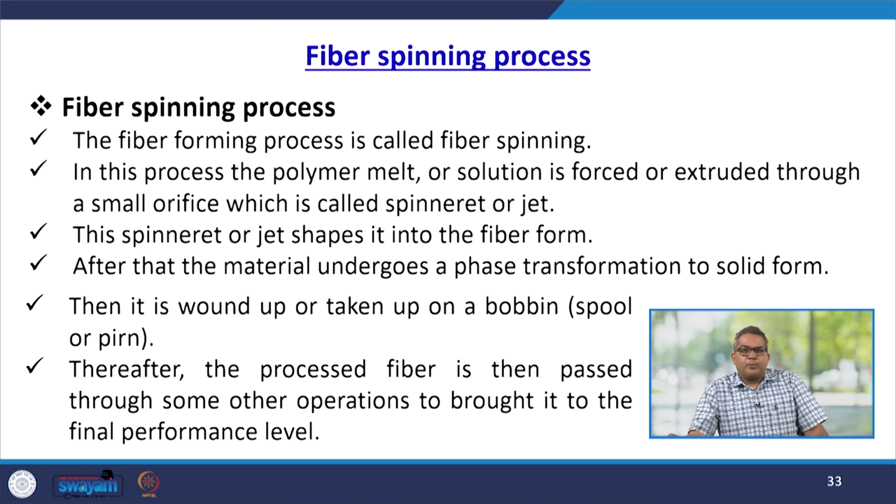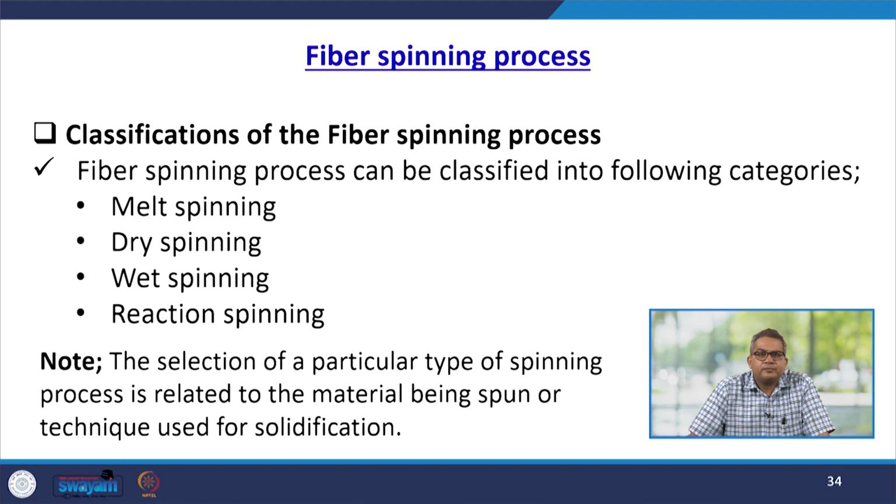Once this is formed and shaped into fiber form, it is wound up onto a bobbin or spool or pin, and thereafter the fiber is passed through some other operations to bring it to the final performance level.